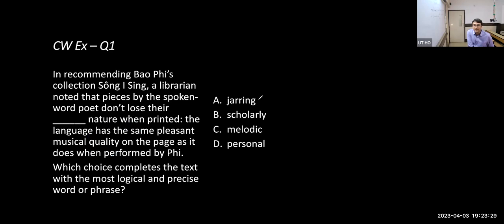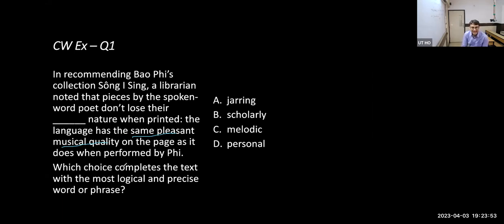Okay. What about jarring? That's not the option. Because jarring is exactly... I chose melodic. I know, but I'm trying to reason out with you why not jarring. Because jarring is exactly the opposite of this. Jarring is a sound possibly which is frustrating or irritating.